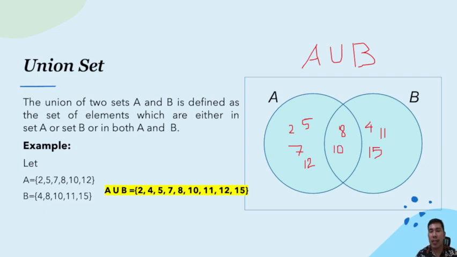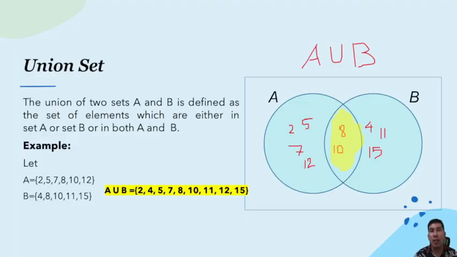As you can notice, the highlighted part in our diagram is what we call the common elements, which are basically 8 and 10, while A union B is the combination of both sets. So if we use the union of two sets, we combine the elements of both sets.